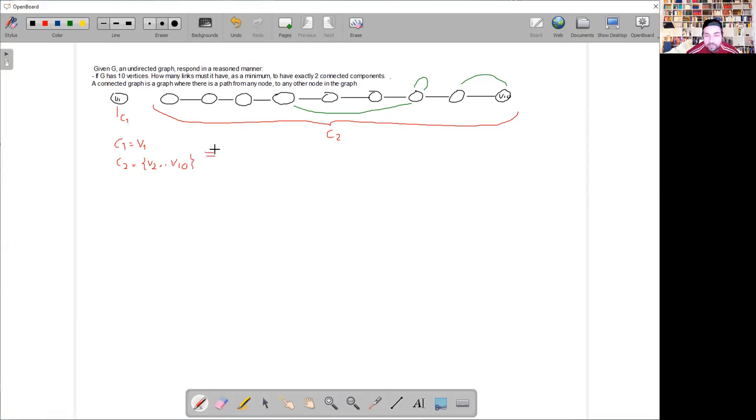So I need a minimum of 8 links. But now, what happens if instead of having one isolated vertex here, we want to make this bigger, right?